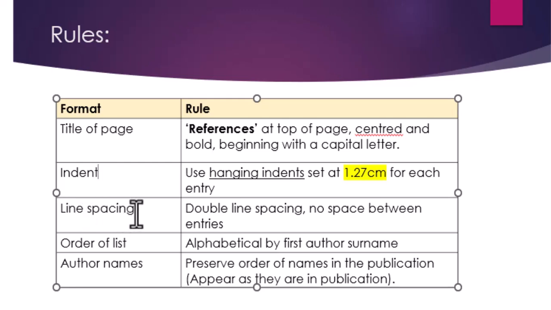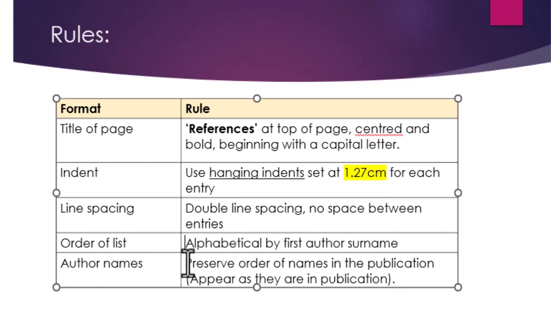Then considering the line spacing, the rule is that you should double line spacing with no space between the entries. And then considering the order of the list, we should list the references alphabetically. So the order of the list should be alphabetical by the first author's surname.